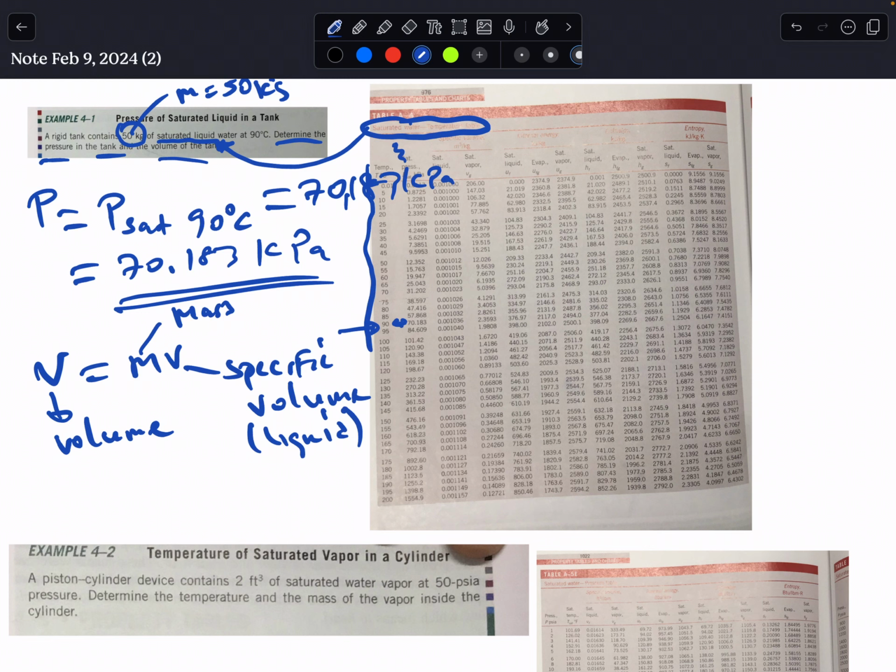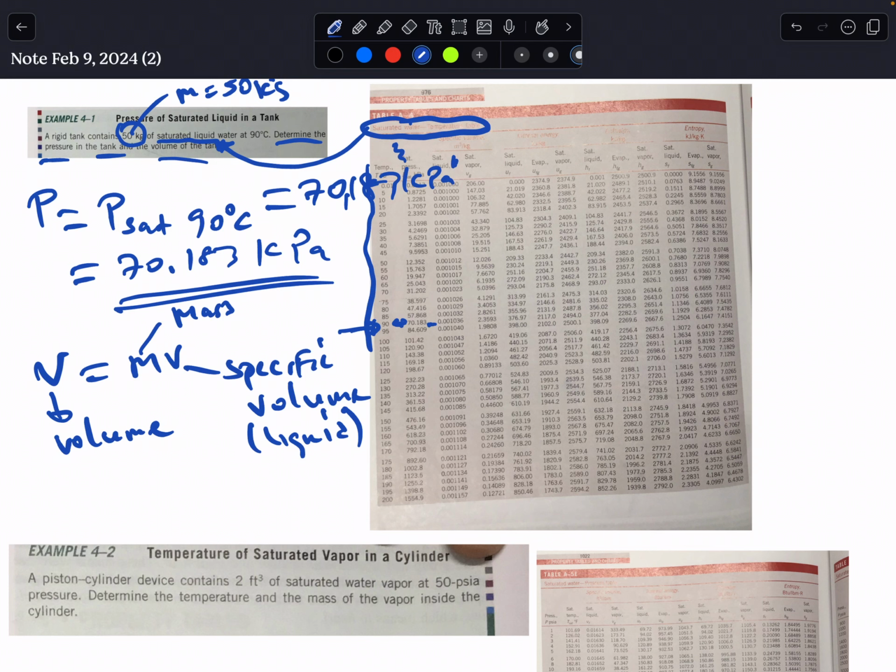And what is that value? The value is, you see, this, because this is the section for saturated liquid, and this is the specific volume of saturated liquid at the defined pressure and temperature that was given.